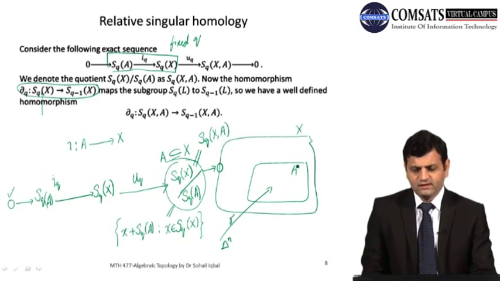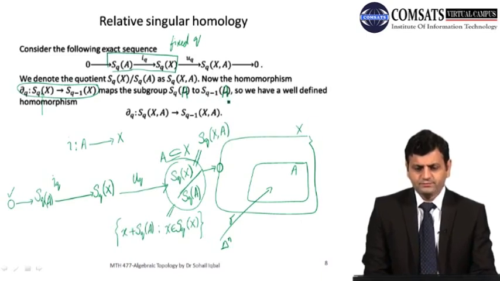Since A is contained in X, I can restrict this boundary map partial q to the elements of A, so instead of L it should be A. So I can restrict this map to the elements of A, and that's why we have a homomorphism from S_q(A), the q chains of A, to the q minus 1 chains of A.